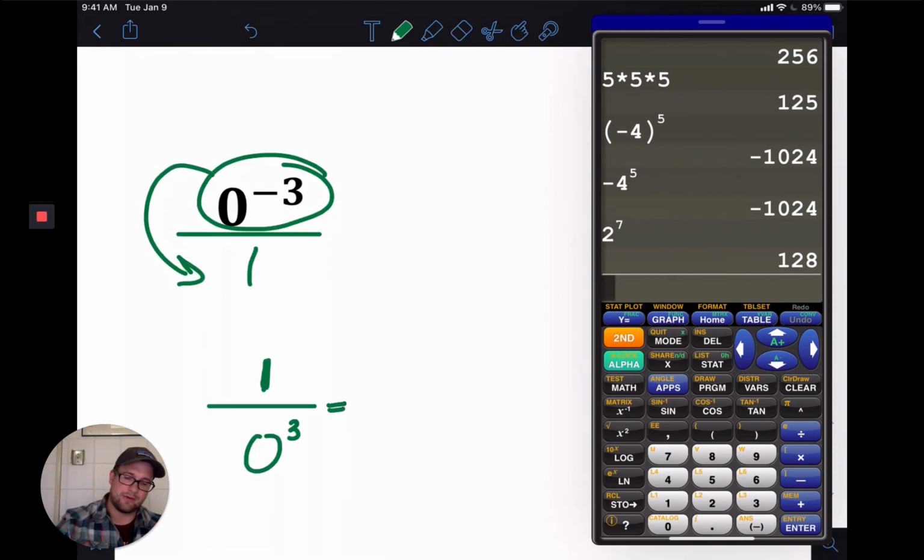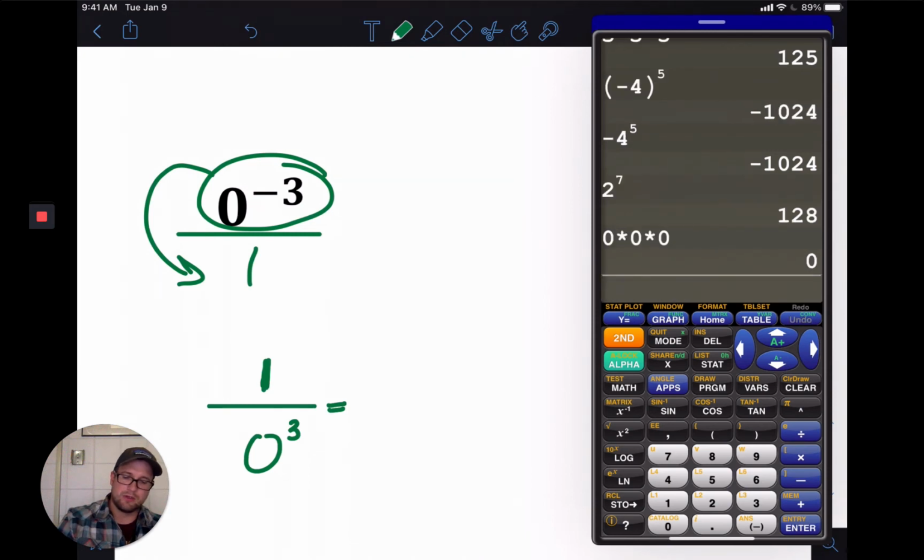Now, looking at this, 1 over 0 to the 3rd. Well, 0 to the 3rd just means 0 times 0 times 0. So I get 1 over 0. There's a problem with that. I'm never allowed to have 0 on the bottom of my fraction. It's what we call dividing by 0, and in math, this is one of the big cardinal rules that we're not allowed to break.